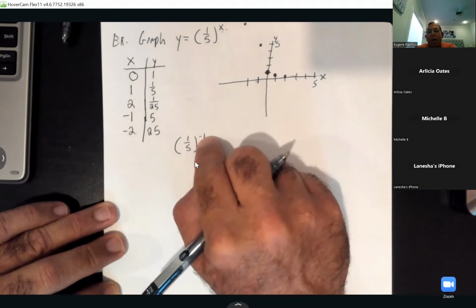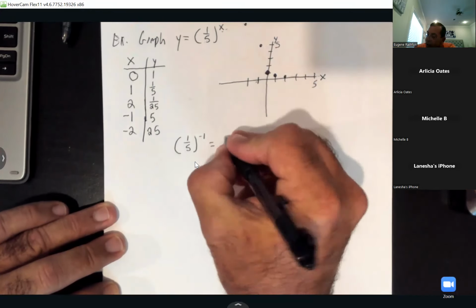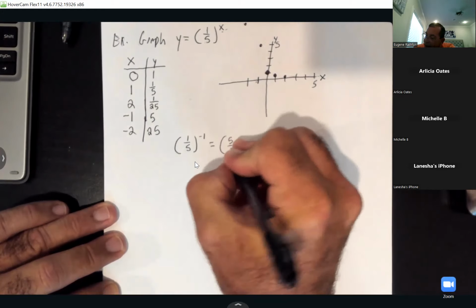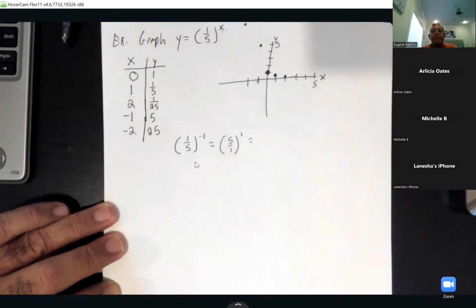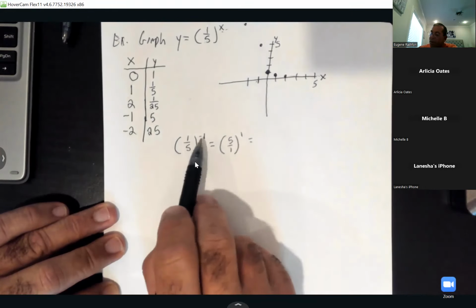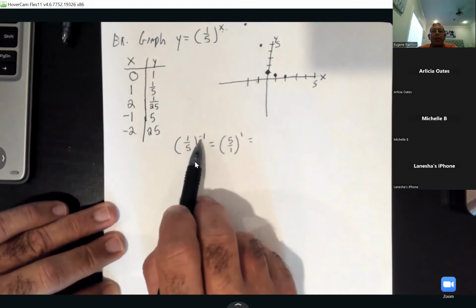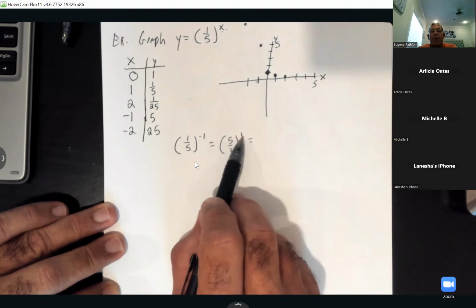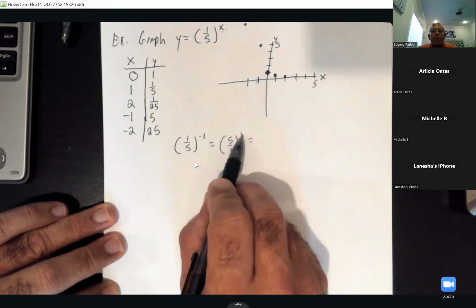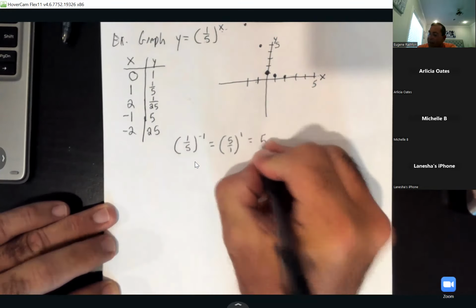So to make an exponent positive when you got a fraction, you flip the fraction and make the exponent positive. So 1/5 to the negative first. First thing to do, make that exponent positive by flipping the fraction. It now becomes a +1. And 5 divided by 1 is 5. To the first power is a 5.